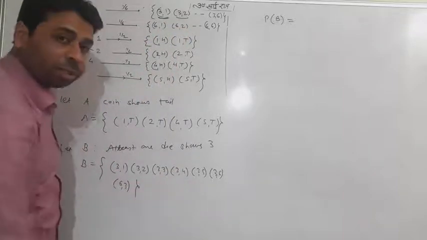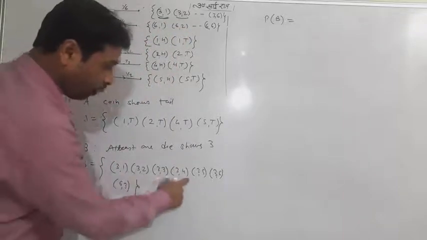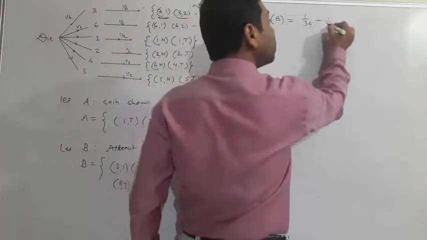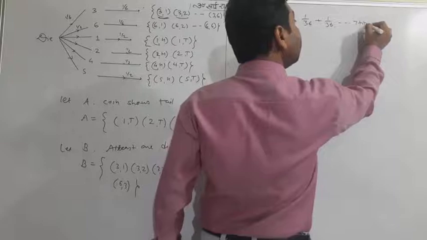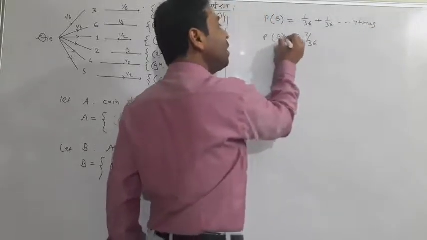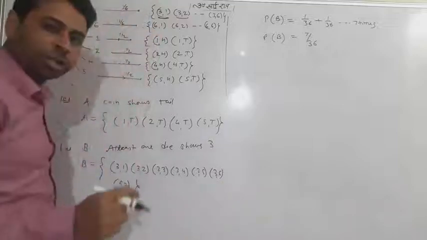So all have 1 by 36, and we have 7 of them. So we add 1 by 36 seven times and get 7 by 36 as the probability of B. It is tough but interesting.